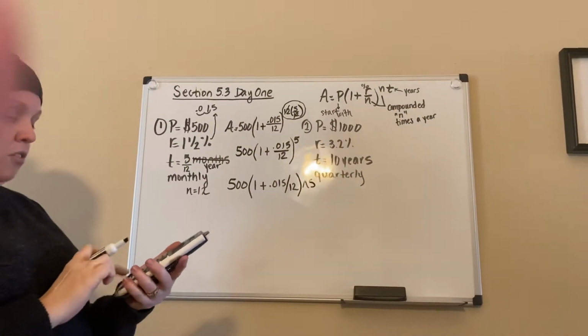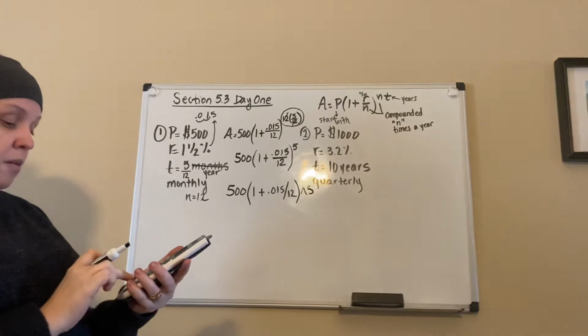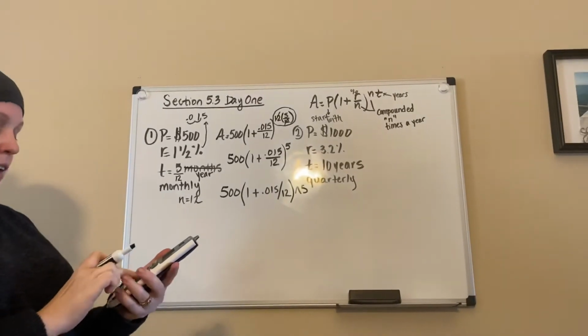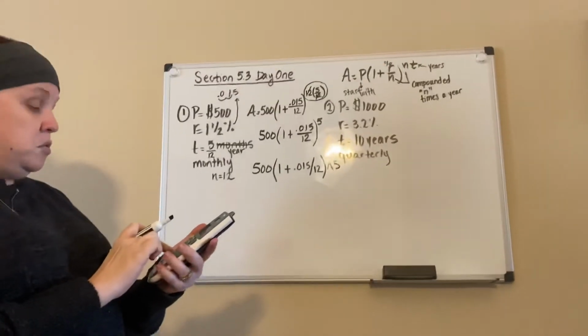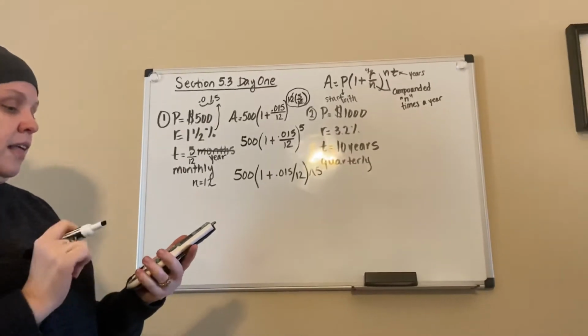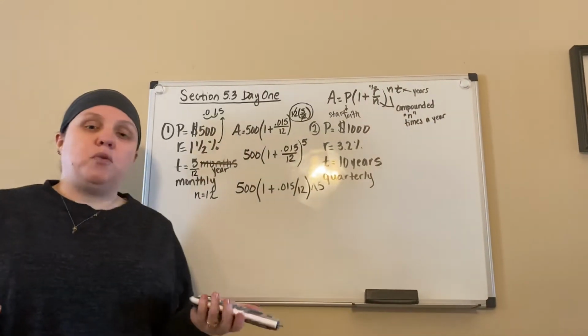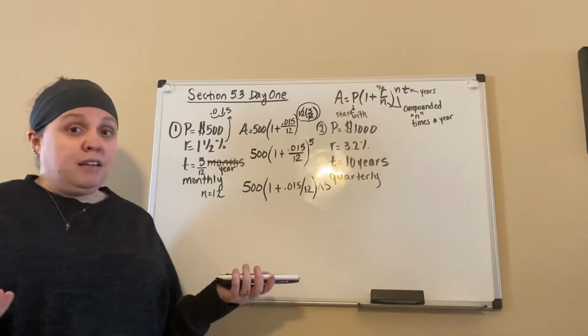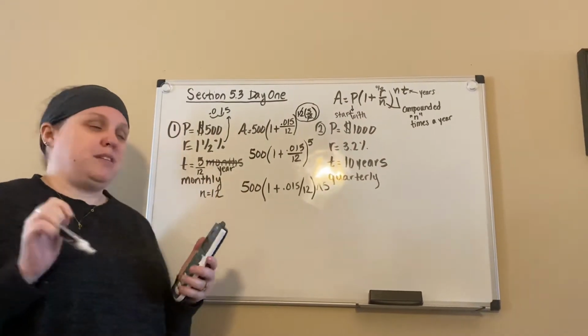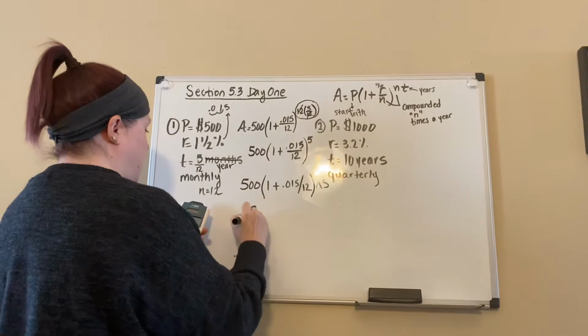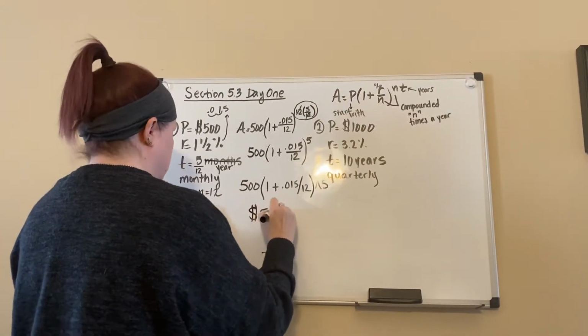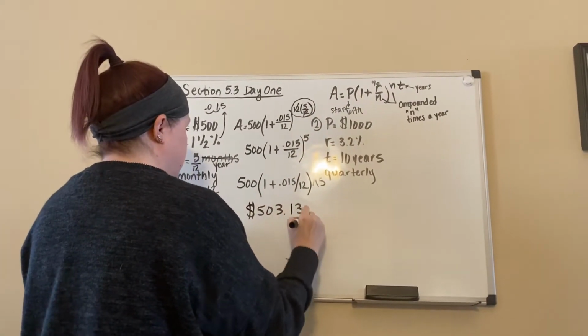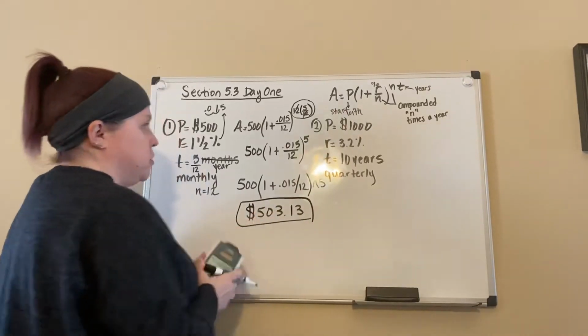Now, what do you believe that we might want to round this to? Well, it is money, so we round it to 2 decimal places. So this would be $503.13. And there's our answer.